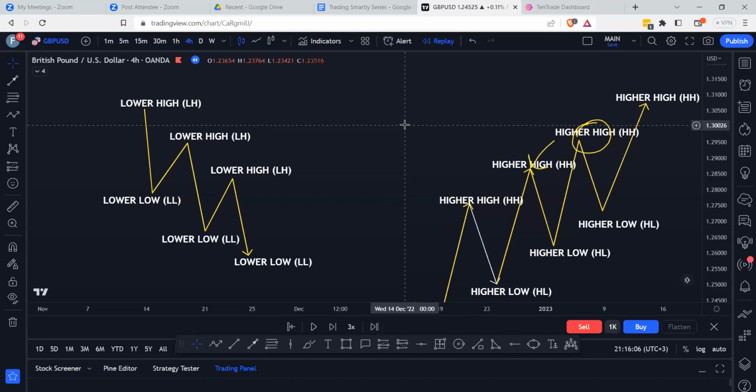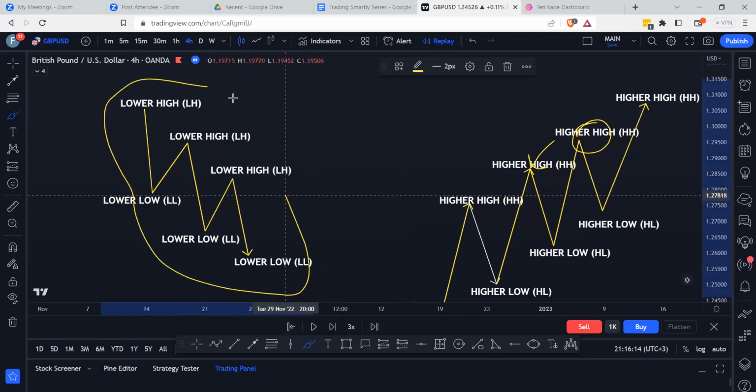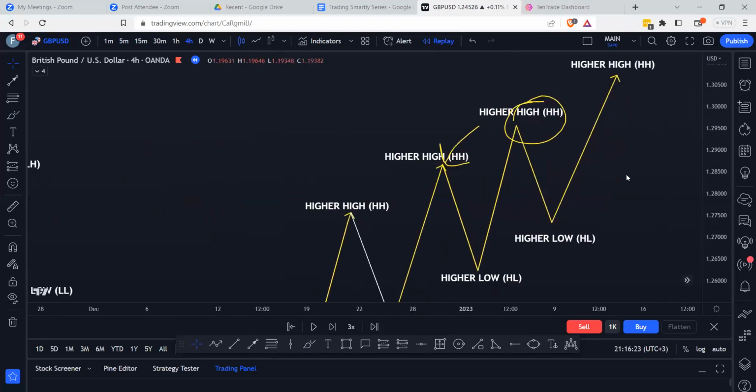Okay, so this is what I'm talking about. Let's look at this market scenario here. This is a downtrend, right? We've seen price giving us lower lows, okay? Like so.